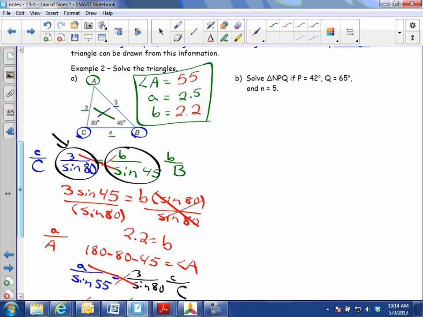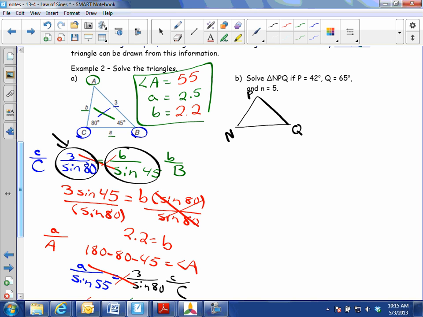Okay, so they ask us to solve this triangle. Remember, to solve a triangle means to find the 3 missing parts. And they don't give us a picture, so I would draw one. So I would draw a random triangle, label it ABC. Oops, not ABC. In this case, it's NPQ, isn't it? NPQ. And then fill in the pieces that we know.